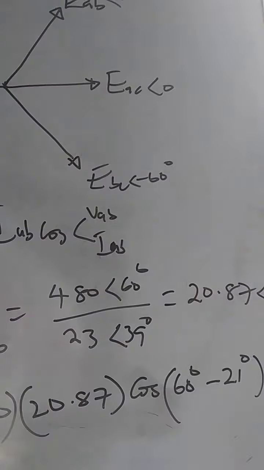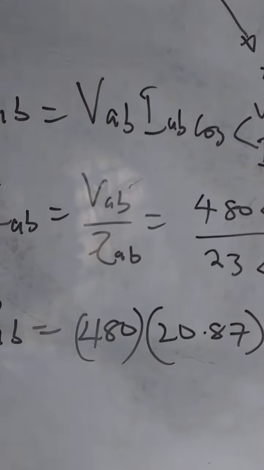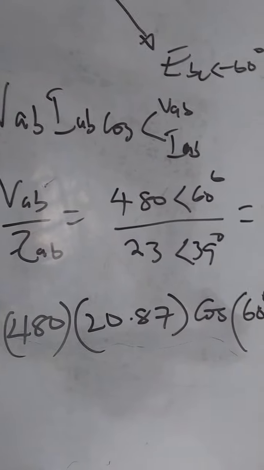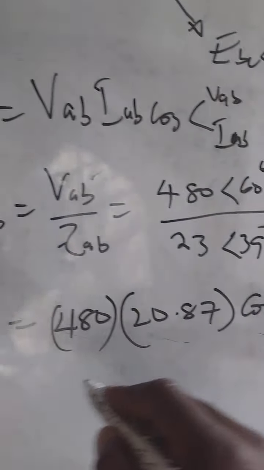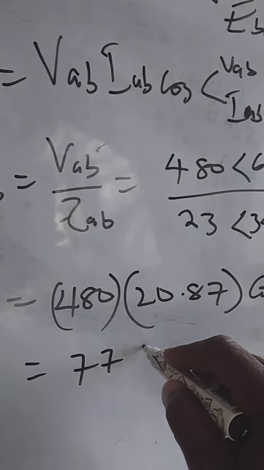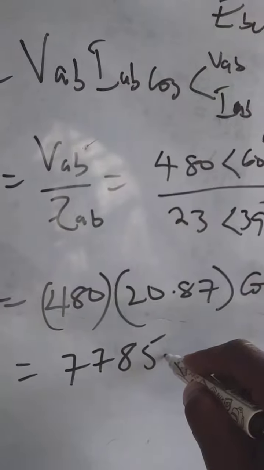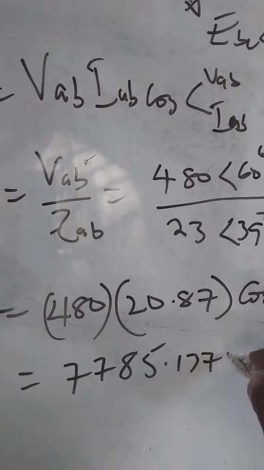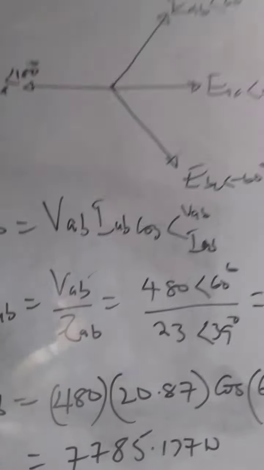That gives us 7,785.137 watts. So that's our PAB.